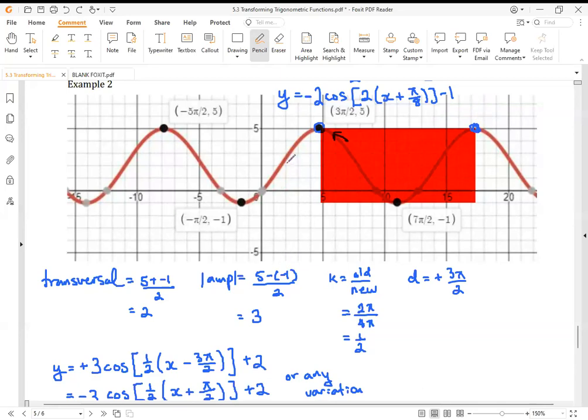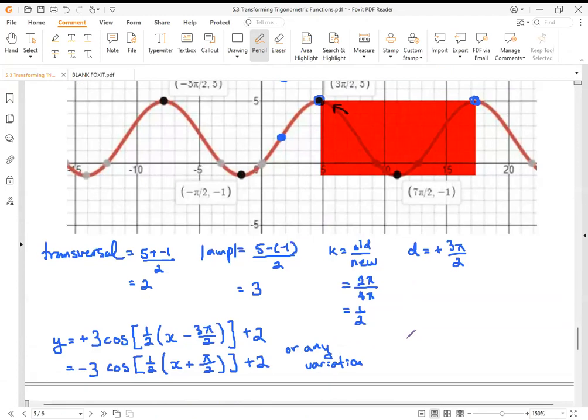If you were to do sine, let's pretend I am starting right here. I'm going to pretend that's my start, perfectly in between negative pi over 2 and positive 3 pi over 2. If I were to do this as a sine function, I would have 3 sine of 1 over 2 x, because that doesn't change.